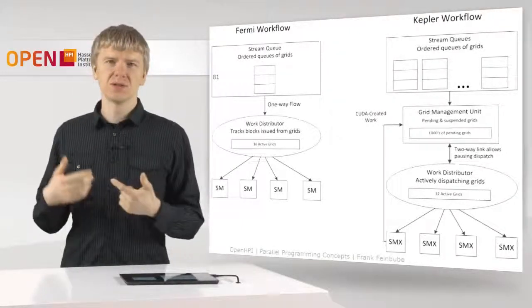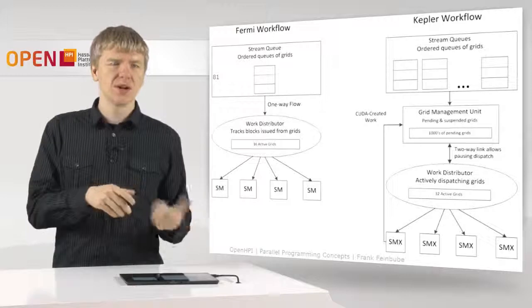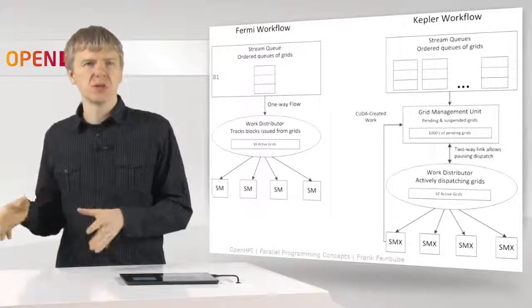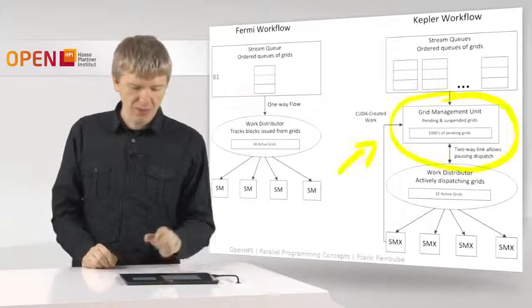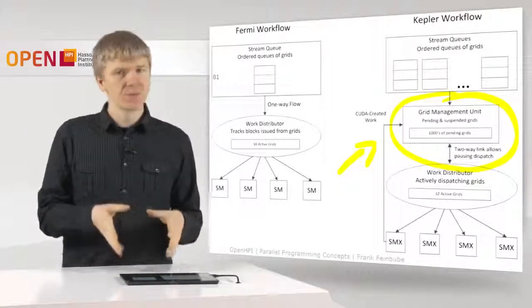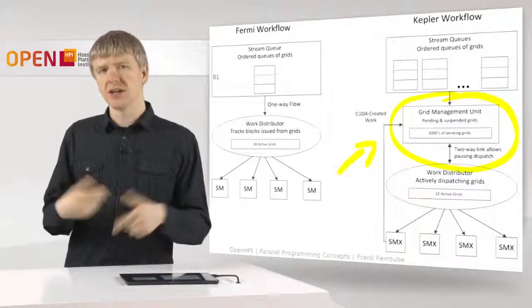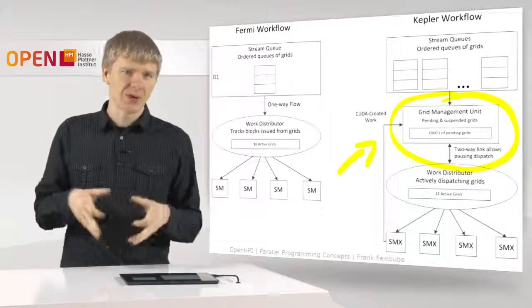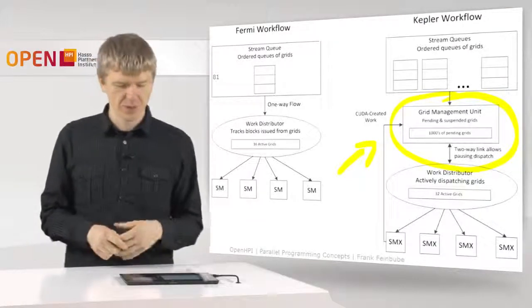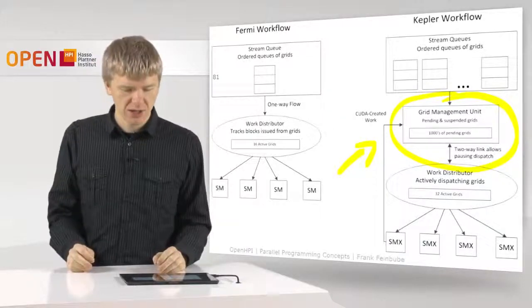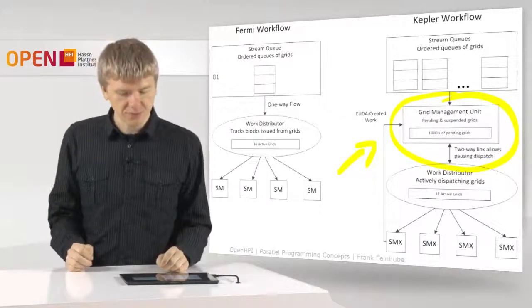You always had to create new workgroups on the host, because the host was actually creating the queues that the GPU was using. With the Kepler architecture, they introduced a grid management unit right on the GPU so that the GPU itself could create new work units on the fly. And this new piece of hardware on the GPU allows us to leverage this dynamic parallelism functionality.